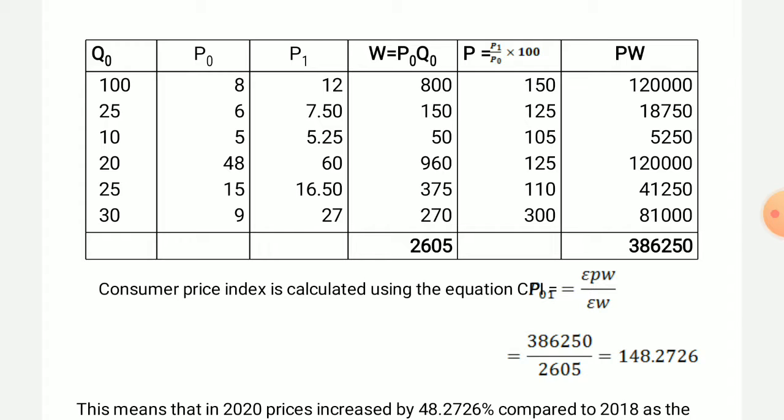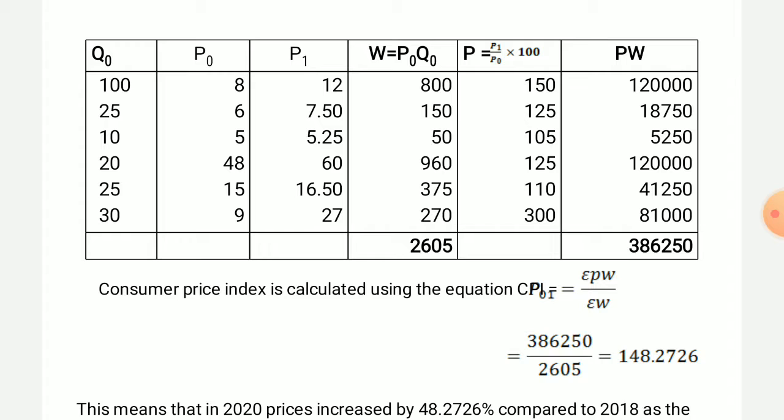W stands for weights, that is P0Q0. So W is equal to P0Q0: 100 into 8 is 800, 25 into 6 is 150, 10 into 5 is 50, 20 into 48 is 960, 25 into 15 is 375, and 30 into 9 is 270.